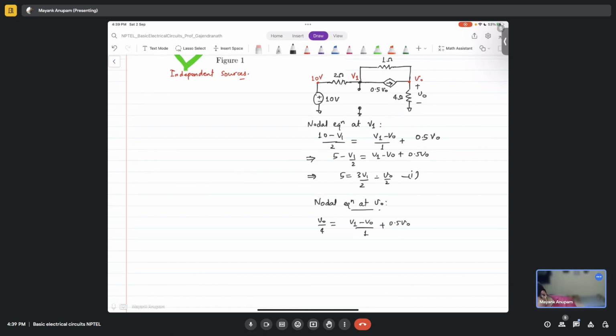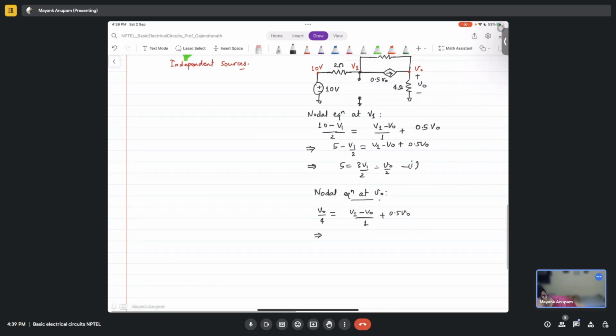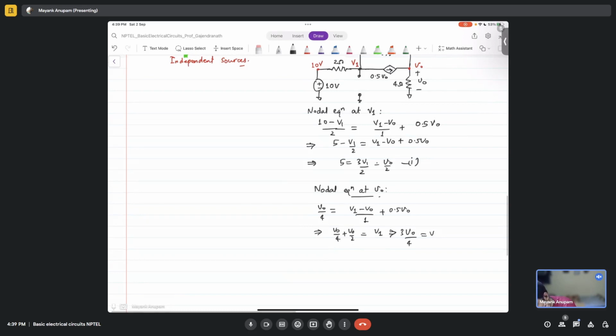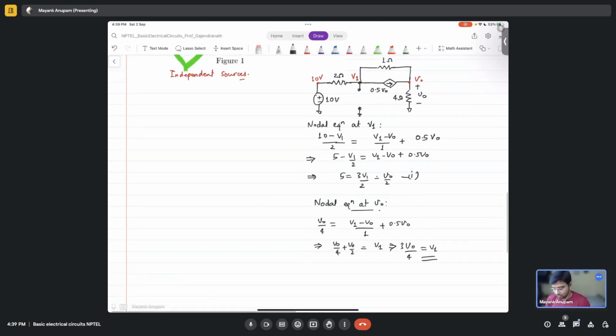What will this give? We get minus V0 upon 2 and plus V0 upon 4. So V0 upon 4 plus V0 upon 2 should be equal to V1, which gives 3 V0 by 4 is equal to V1. So we get a relationship between V1 and V0. This is our equation number 2.